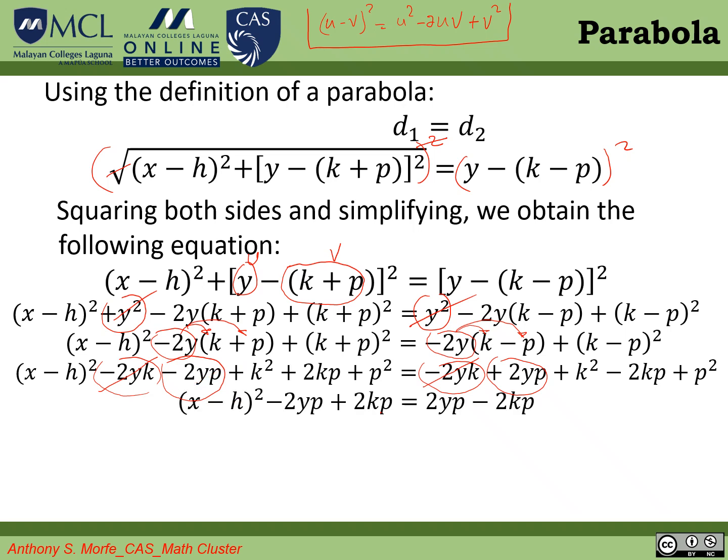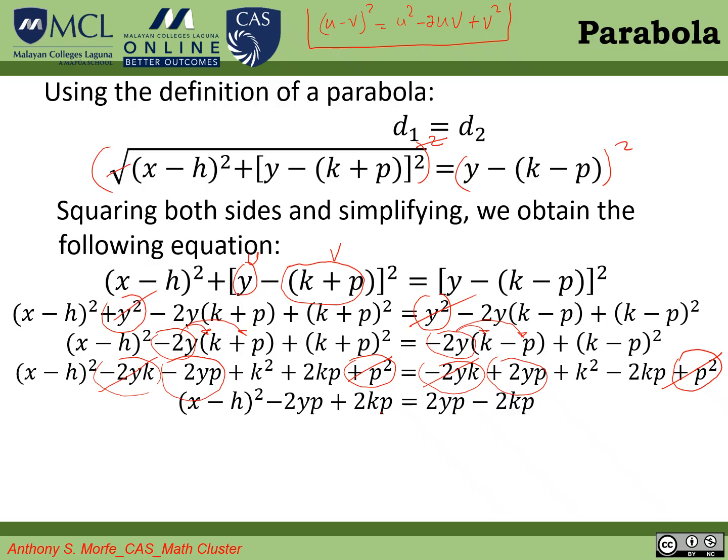Okay, so the expression becomes like this, so we have 2yp, 2kp, and we have p squared on the left side, we have p squared on the right side, so we can eliminate them. Alright, so what is left here is x minus h squared minus 2yp plus 2kp.